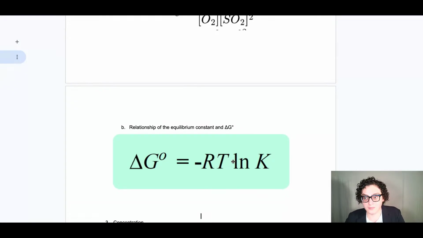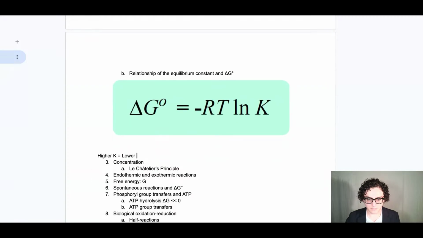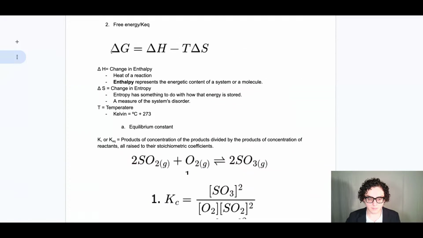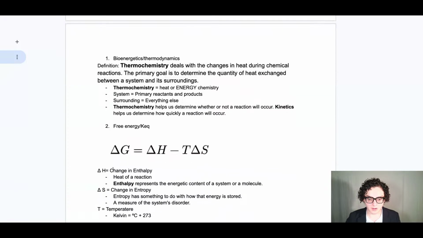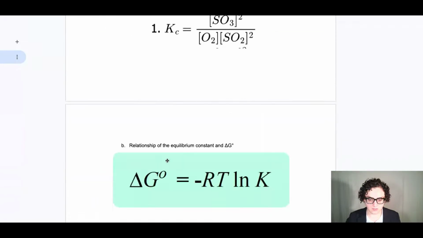Here, the relationship between one side and the other is that the higher that value, K, the lower the other value, the lower delta G. So once again, higher K equals lower delta G.